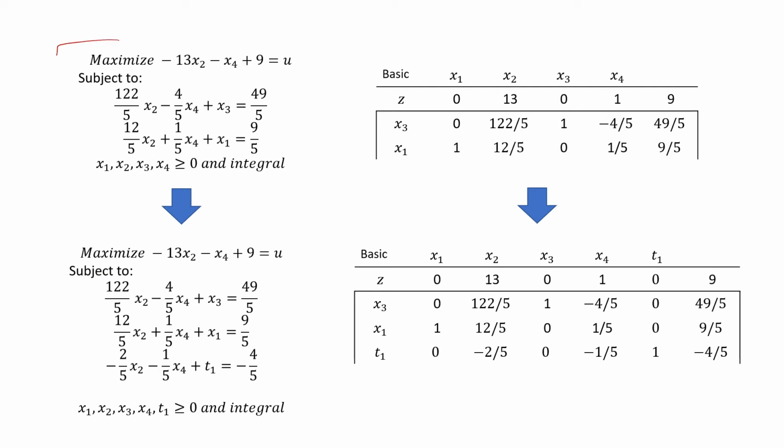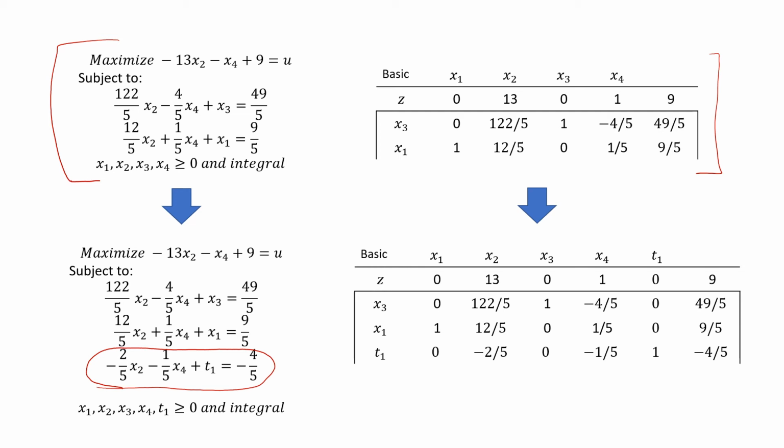So this was my optimal solution for my LP relaxation, which gave me this tableau. I add in that new constraint. Here is the new constraint that I just calculated. And as I said, what it does is it only eliminates a single solution and forces things to be an integer around that solution.